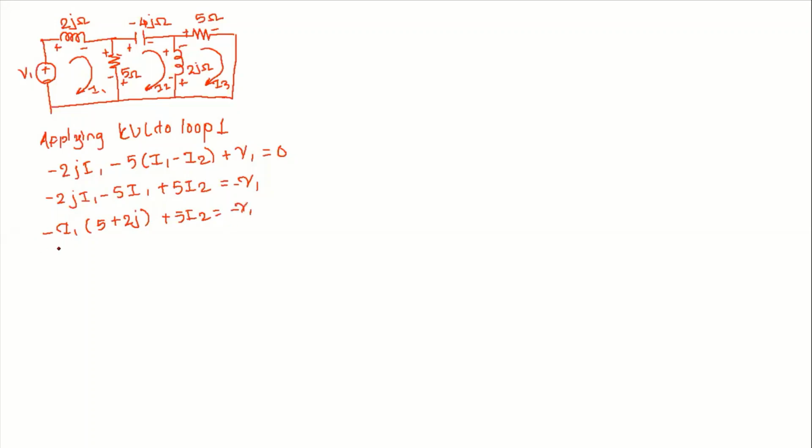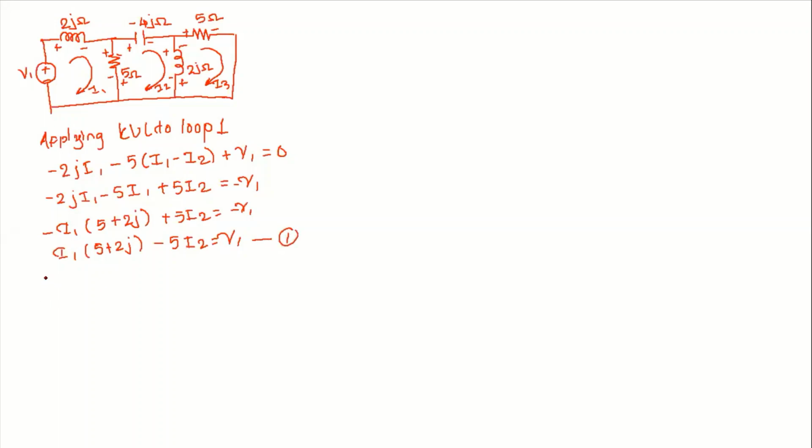Removing the negative sign, we get I1 into (5 plus 2j) minus 5 I2, which is equal to V1. This is equation number 1. I'll write it here.